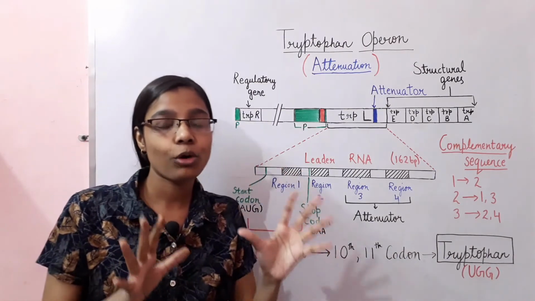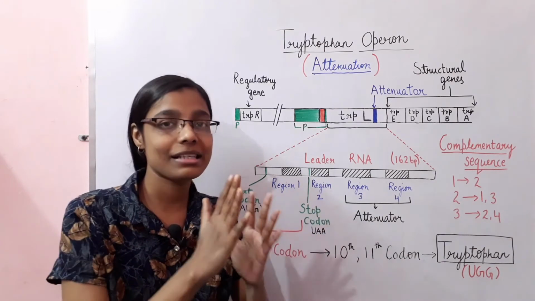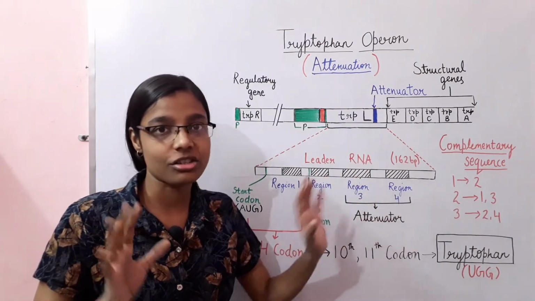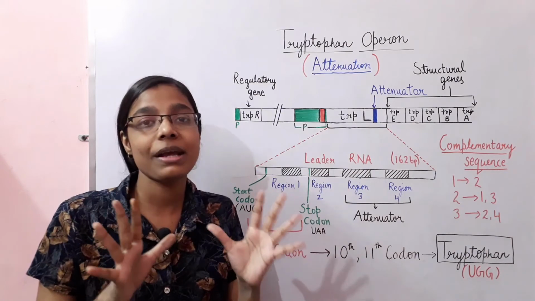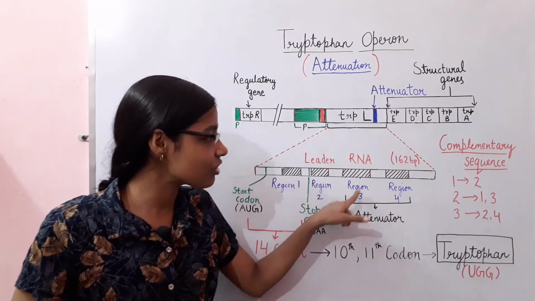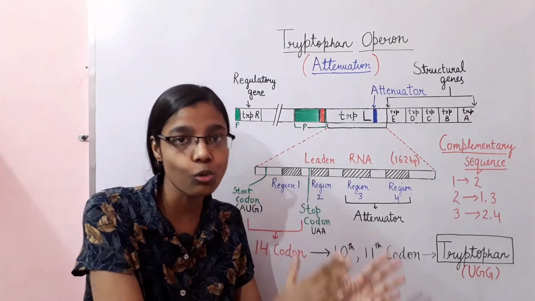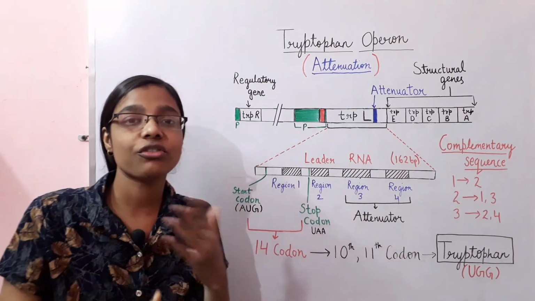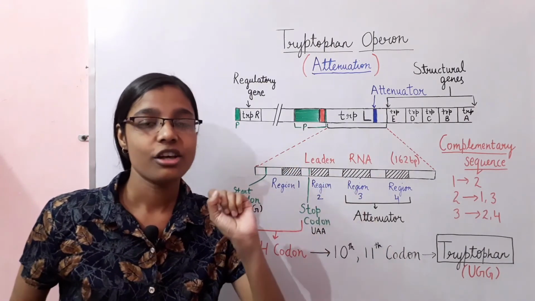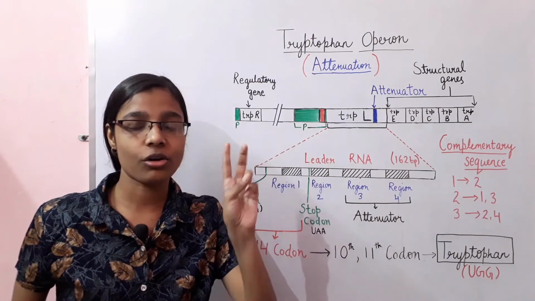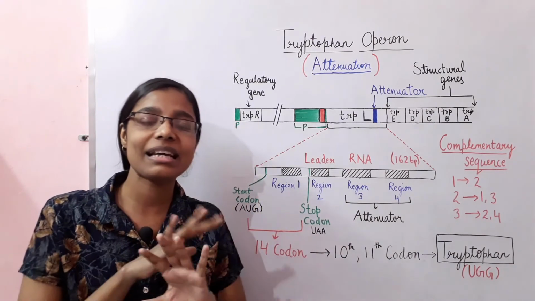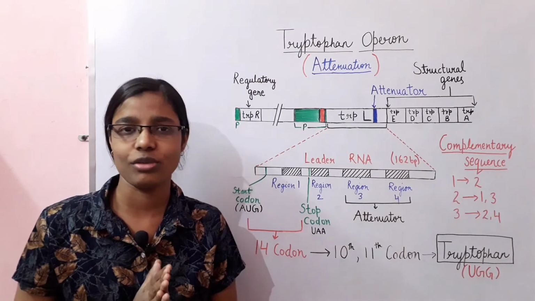And the second important point is the pairing taking place between these regions. Whenever there is pairing between region 3 and region 4, a terminator loop forms, due to which transcription gets inhibited. Focus on these 2 points and you can clearly understand the process of attenuation.